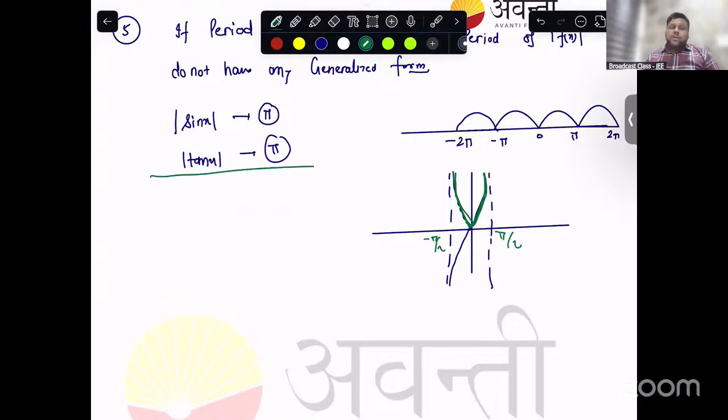So for the mod of tan x graphs, I have also told you, you have to remember these graphs. At least you should know.